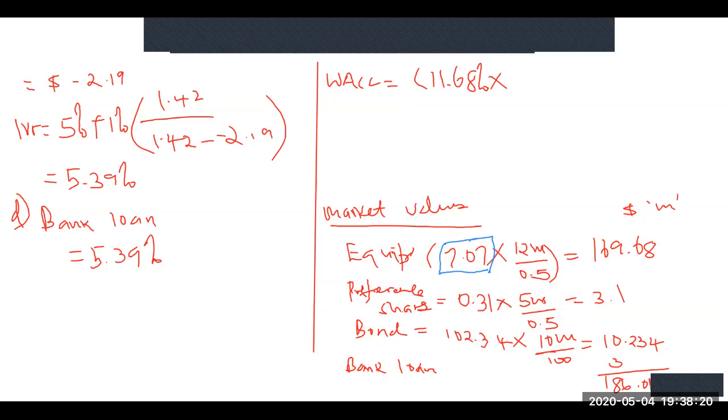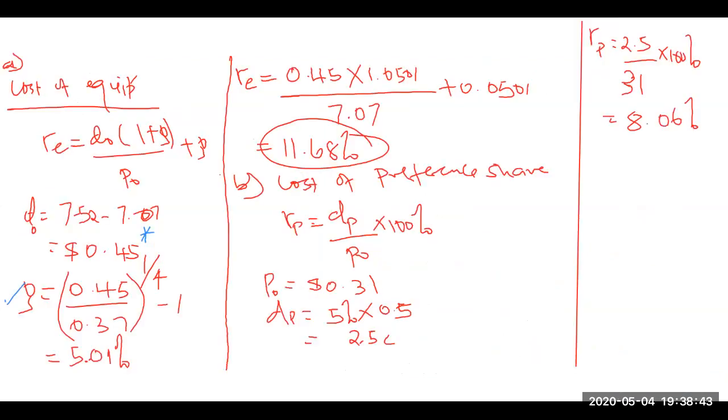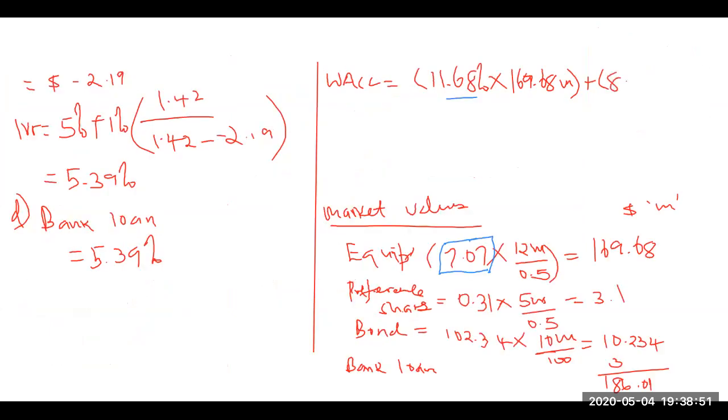Now here we see the company has four sources. We begin with equity, which you got the cost to be equal to 11.68. We multiply by the market value of equity, which you have now here, 169.68 million, plus the cost of preference share, which we got, I think, 8.06%.